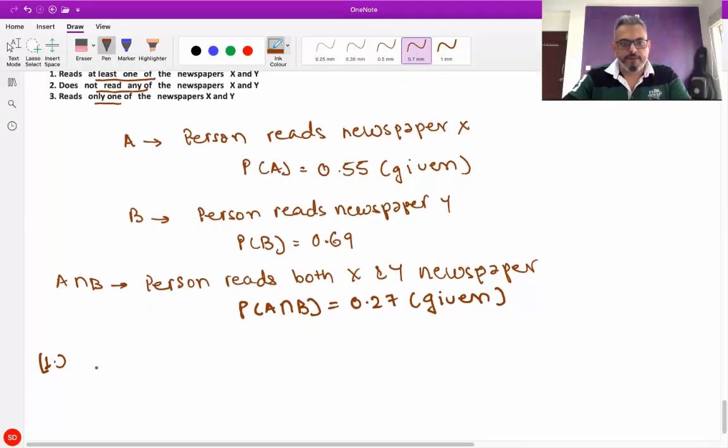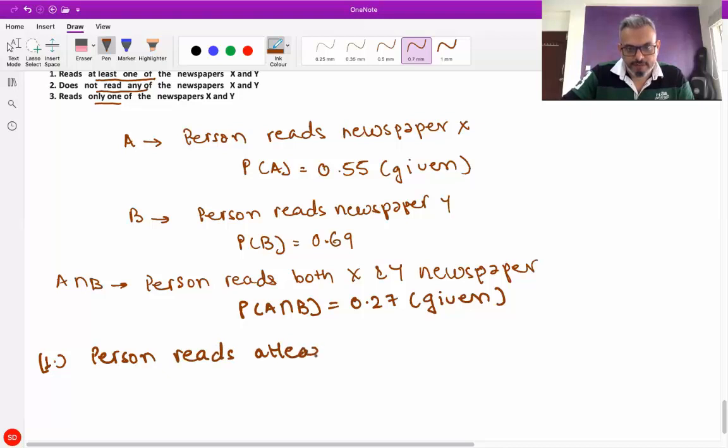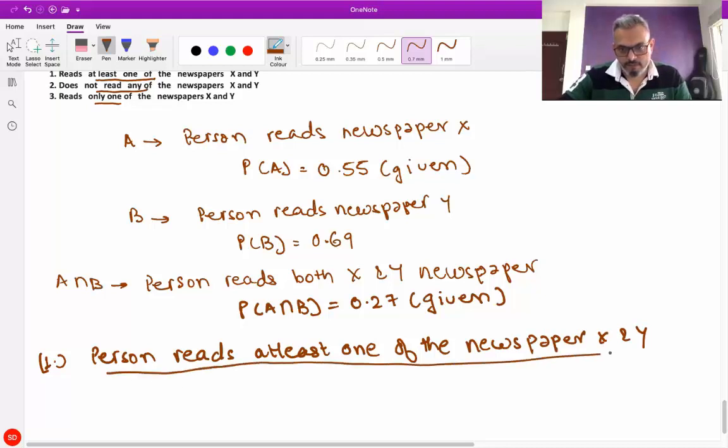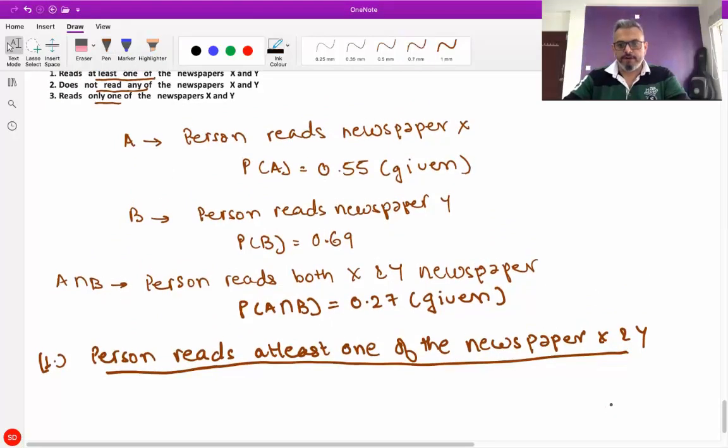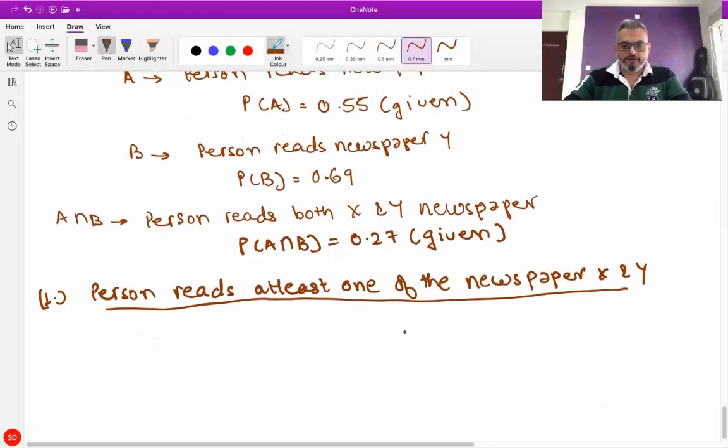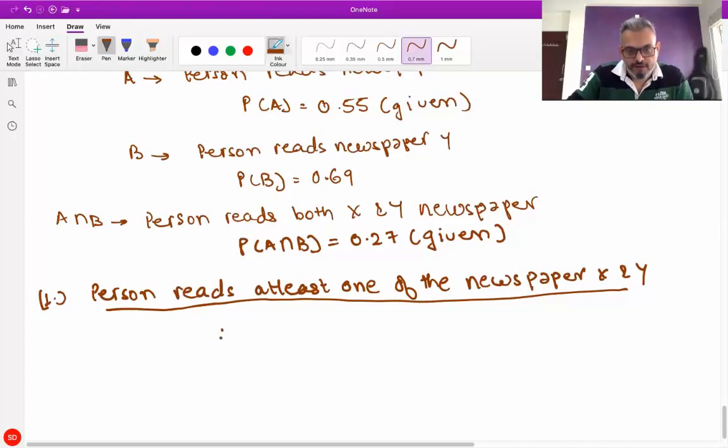We have to find the probability that the person reads at least one of the two newspaper X and Y. Now in this case, at least one of the newspaper X and Y, we use the law of addition of probability.